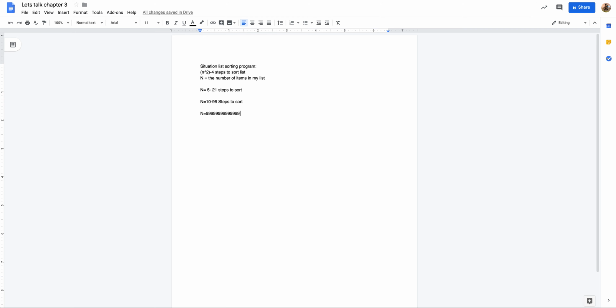And what happens if n equals 9, this big number? It doesn't matter: as n keeps getting bigger, most of the output, or how many steps it'll take to sort, comes from the squared part.